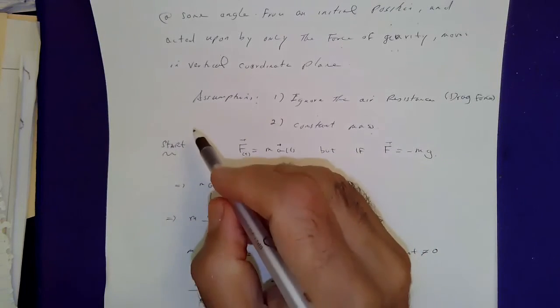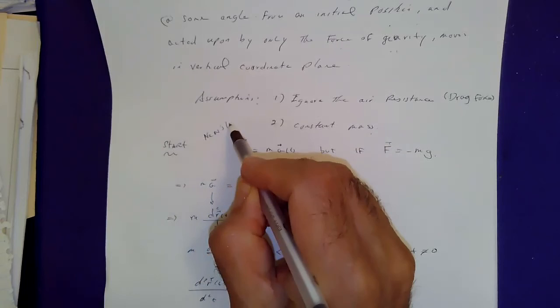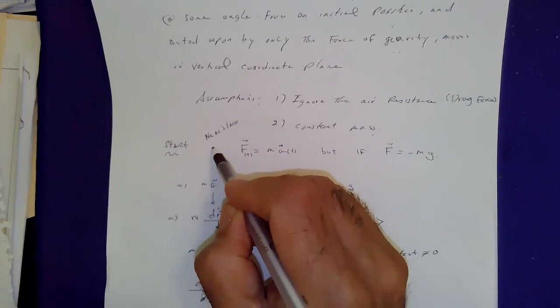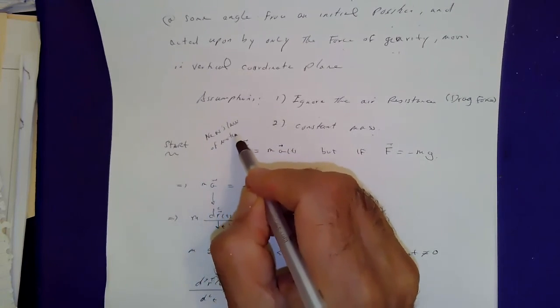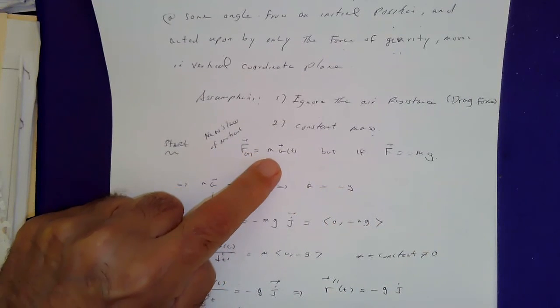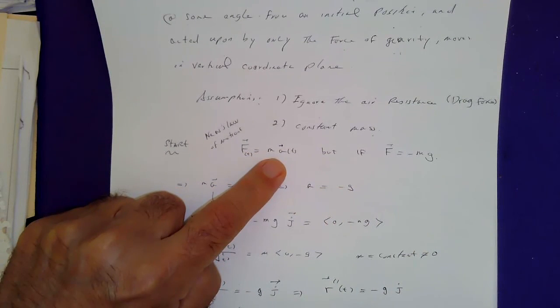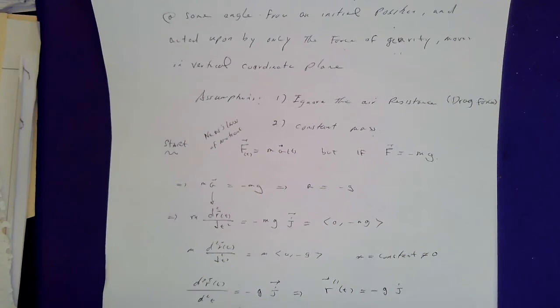So Newton's second law of motion says what? The net force acting on a mass is proportional to the acceleration. If there is a motion, there is an acceleration. Okay?